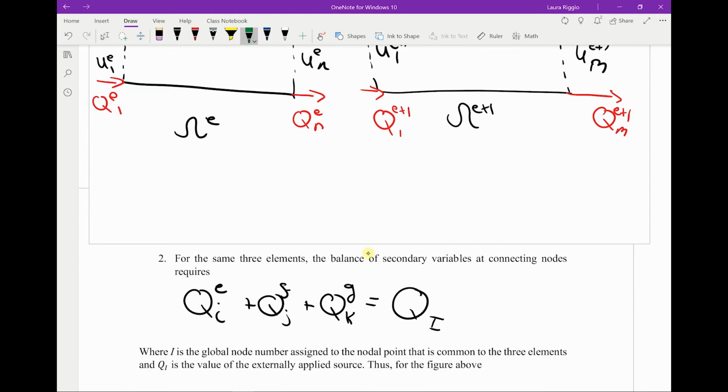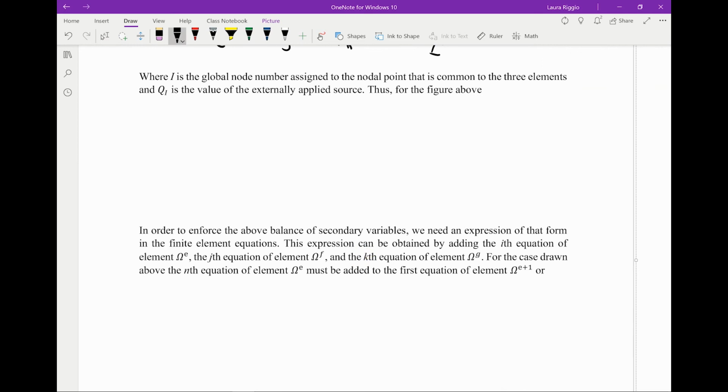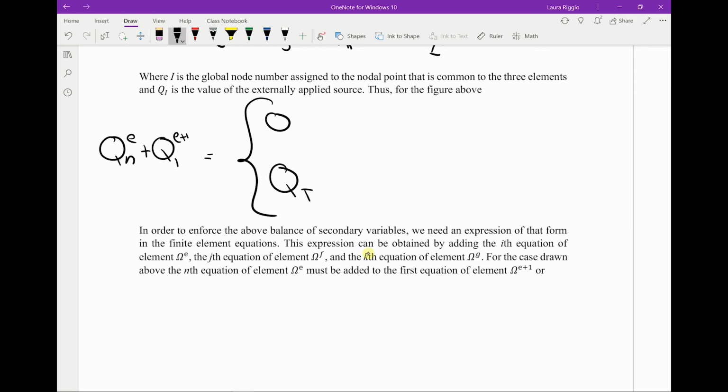Essentially, up here, I need Qn of E plus Q1 of E plus 1 to be equal to Qi. So in our figure above, Qn of E plus Q1 of E plus 1 is equal to 0 for Qi, and 0 for no external point source. And it's Q big I if there's an external point source.